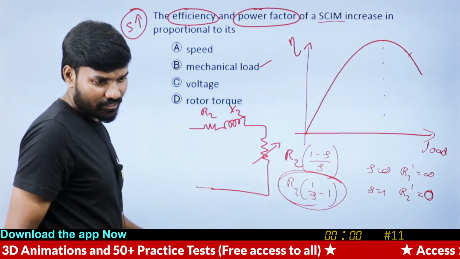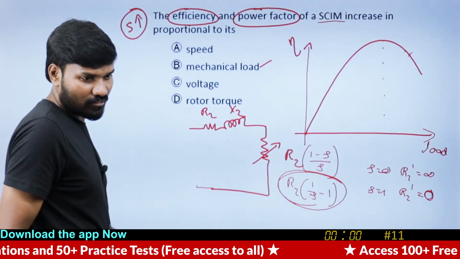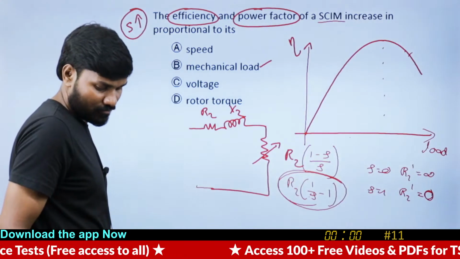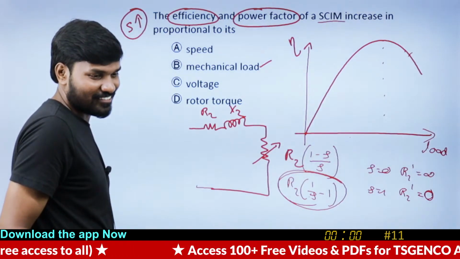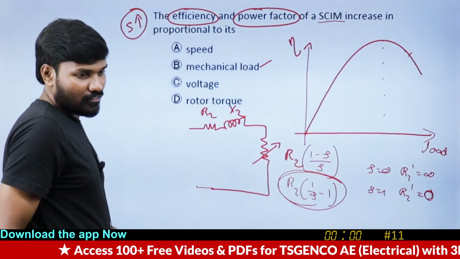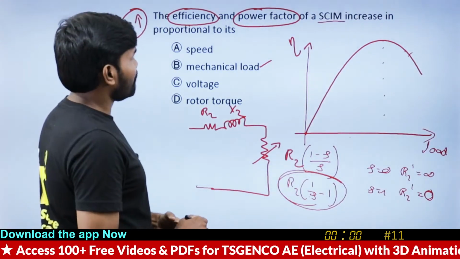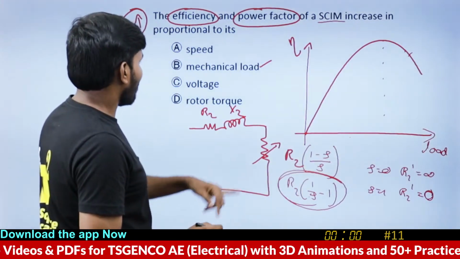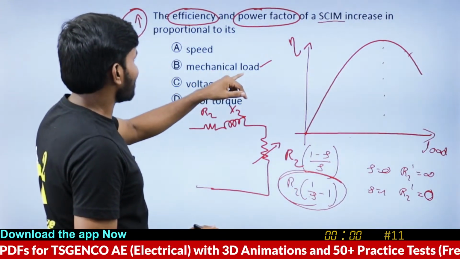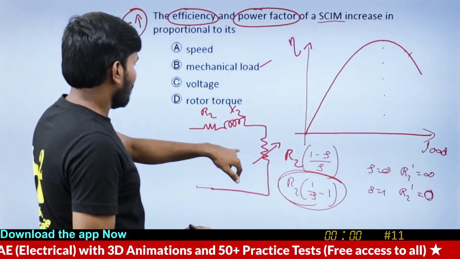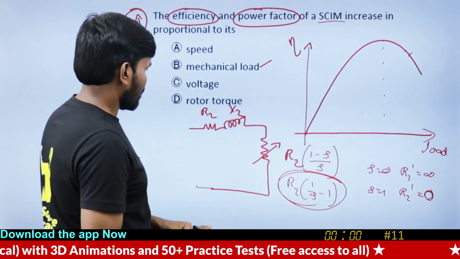I'm missing something? Any points from your end? Check it, guys. Did I miss something somewhere? It's not matching. As mechanical load is increasing, power factor according to this, it is decreasing.